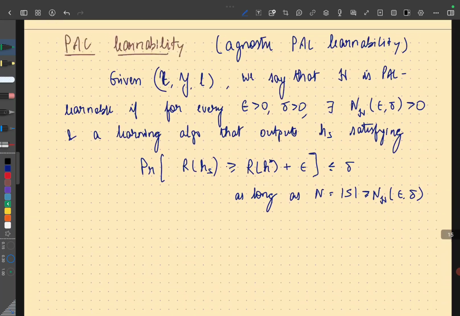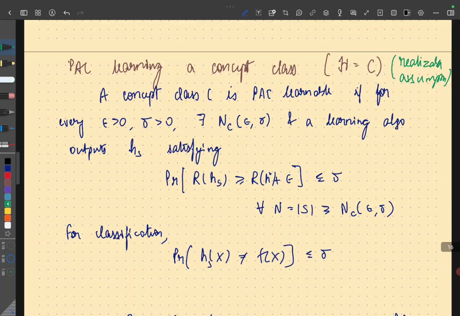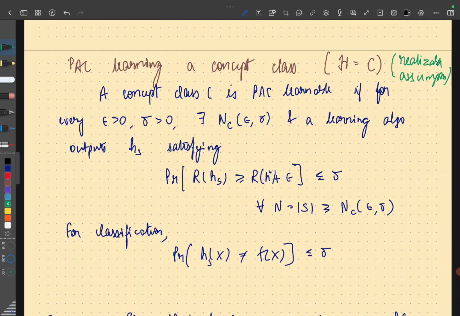In fact, we will mostly be focusing on general agnostic PAC learnability, but we'll see certain special cases. Where PAC learning of the concept class becomes important is to draw certain analogies and sometimes to show that certain things are impossible.